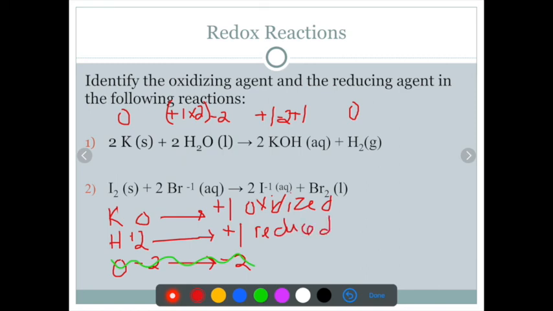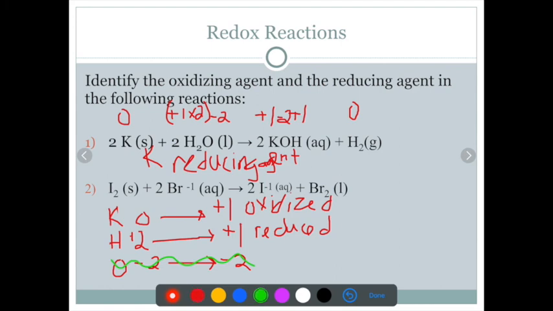Okay, but now we can throw in the oxidizing agent, reducing agent. So here we would say that potassium is the reducing agent. And then hydrogen was reduced. But whenever we use the agents, we use the entire compound. So instead of just saying hydrogen was reduced or hydrogen is the oxidizing agent, we say water.